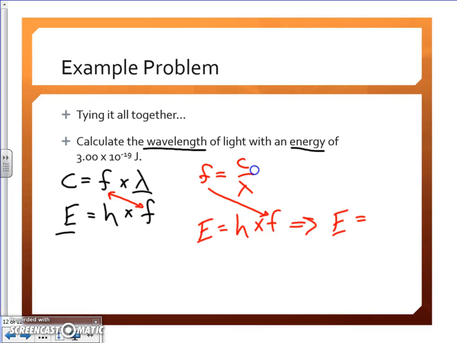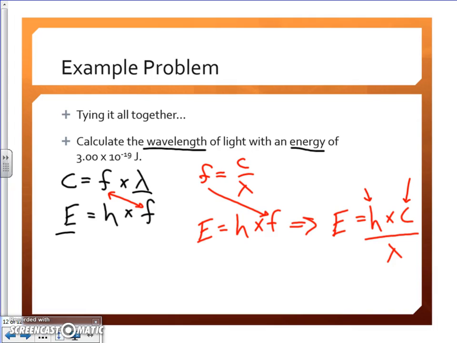Energy is equal to H times C divided by wavelength. And then just plug your answers in with these constants. So remember that one, 6.63 times 10 to the negative 34th. Plug that in for Planck's constant, and for your speed of light, 3 times 10 to the 8th.